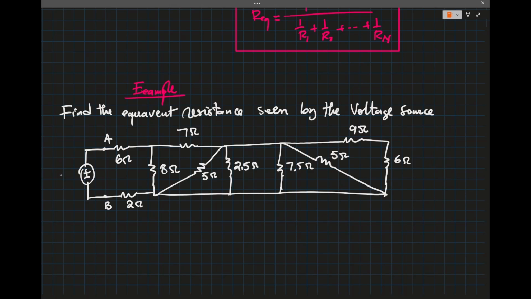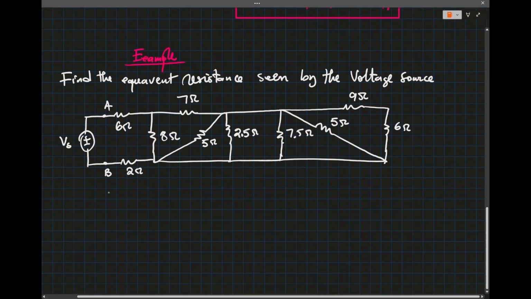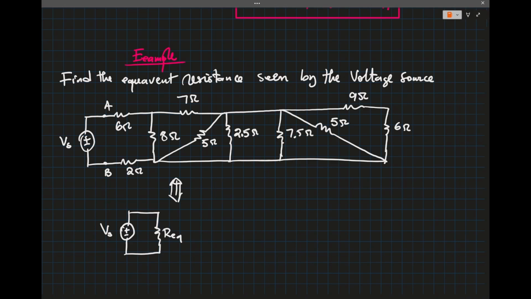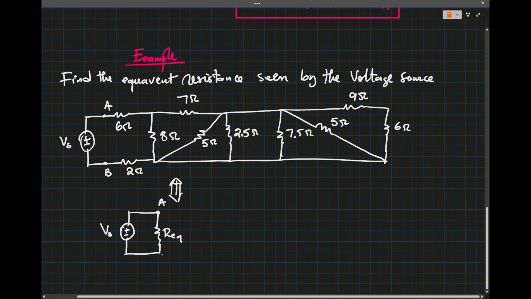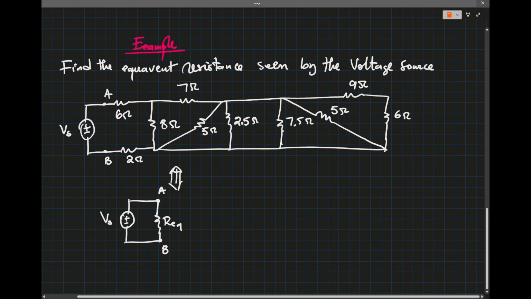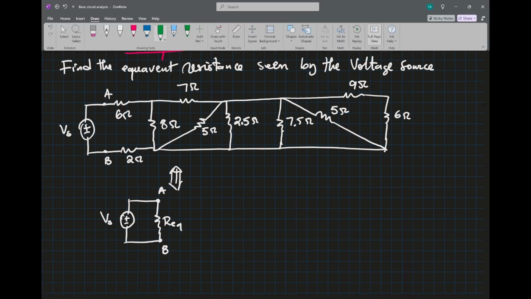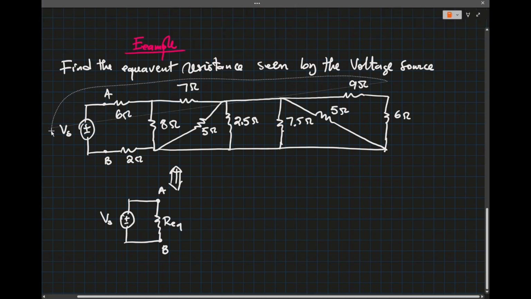This is Vs. What we want to do is find the equivalent, which is Vs connected to our equivalent resistance, still between A and B. Let me see if I can copy this.